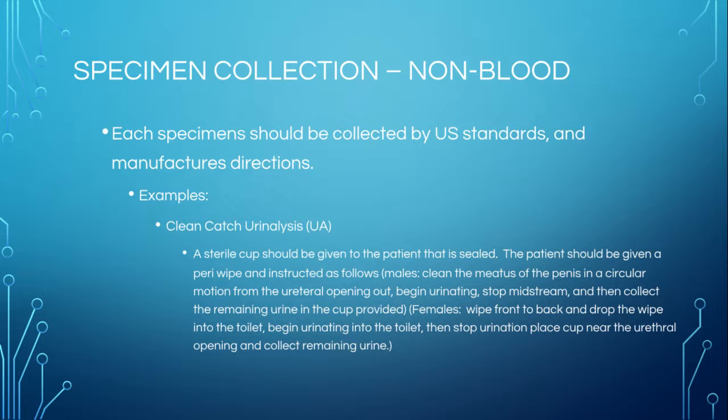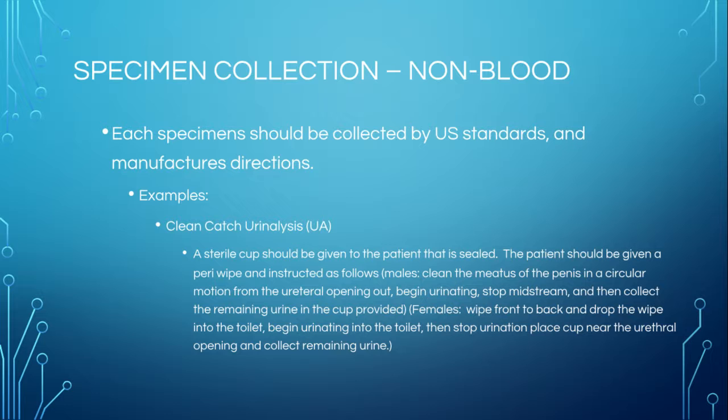For a female, it's similar, with the same equipment, but what we tell a female is to take the peri wipe, and they are going to wipe front to back and drop it into the toilet. They're flushable wipes. Then we are going to tell them to urinate just a little bit, hold it, open the container, put the urine specimen cup near the meatus, or the urethral opening, and then collect the remainder of their urine.